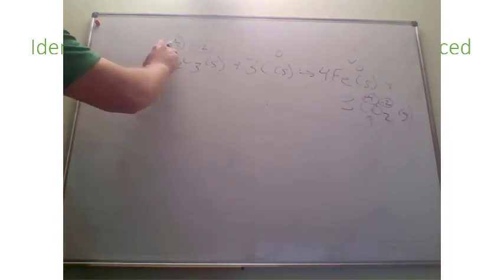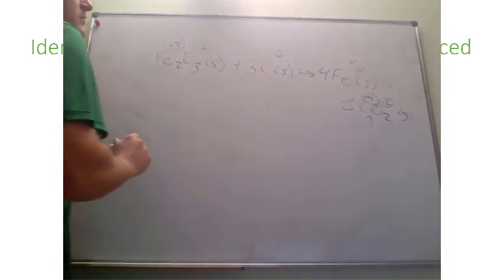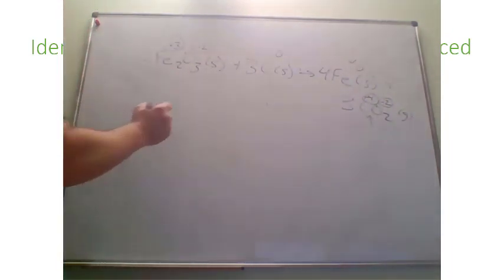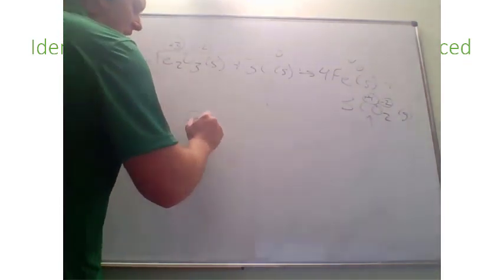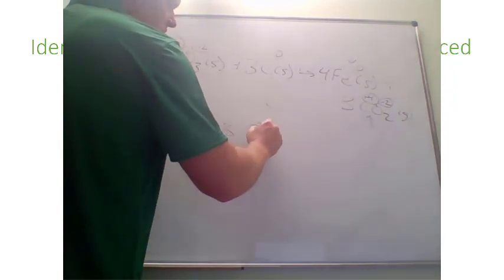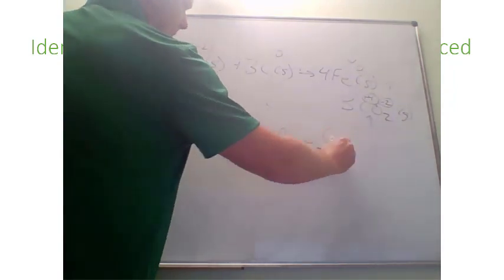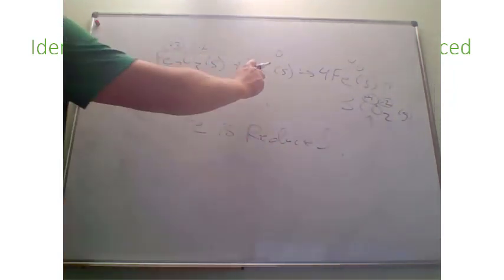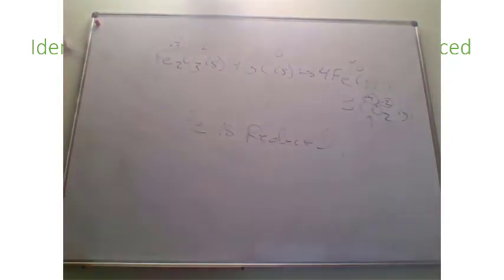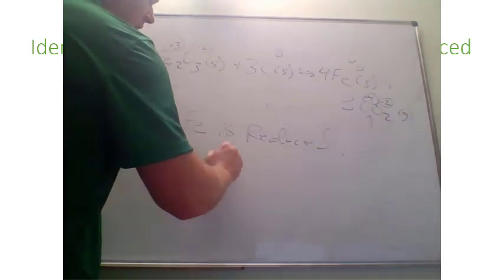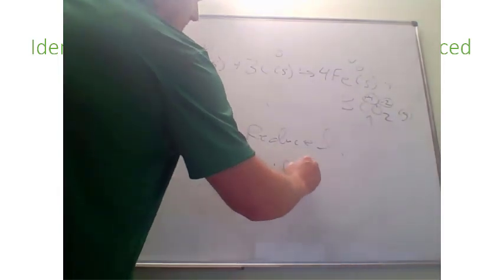So we are decreasing our oxidation number for iron, and decreasing oxidation number means we are going through a reduction. So this states that the iron is reduced. Whereas our carbon, going from a 0 to a +4, is increasing the oxidation number, which means that our carbon is oxidized.